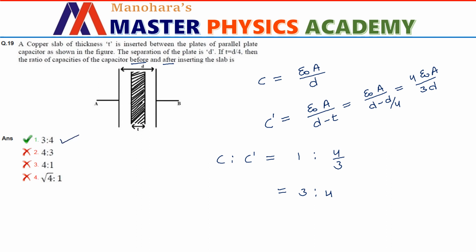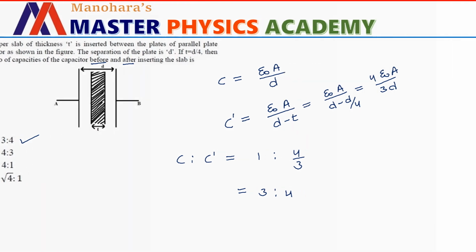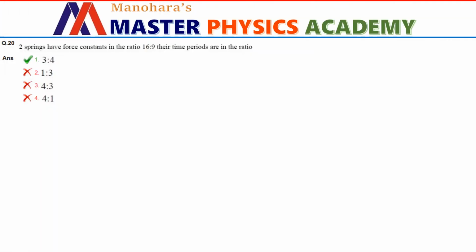The next question, that is last question in this part, question number 20. It is given that two springs have force constants in the ratio 16 is to 9. Their time periods are in the ratio. The time period of a mass spring system is given by 2 pi root of m by k.